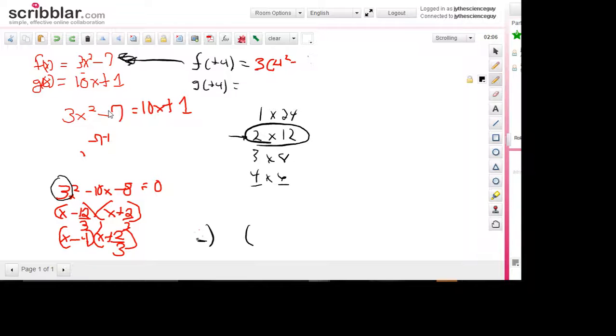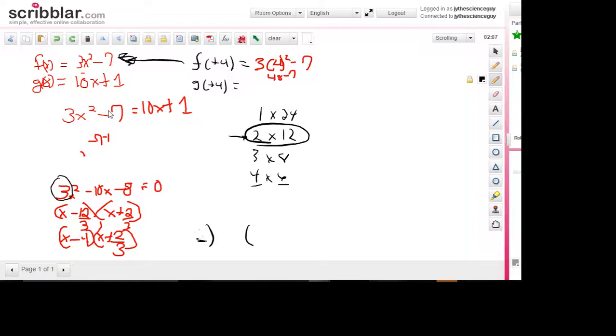That's why I'm making you do one full question so I can catch the little mistakes. 4 squared is 16. 3 times 16 is 48. 48 minus 7 is 41. So y is 41.